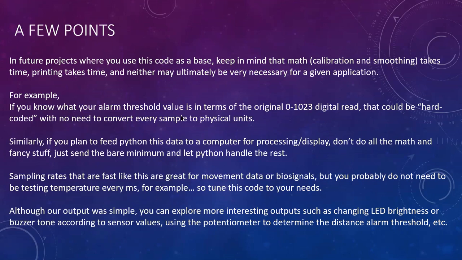For right now, for one sensor at 500 hertz, it's okay. If you wanted to get 7 channels at 2K, then you would probably have to get a slightly better Arduino, a slightly faster processor, slightly better resolution, and only send the absolute bare minimum off to something like Python for actual processing.